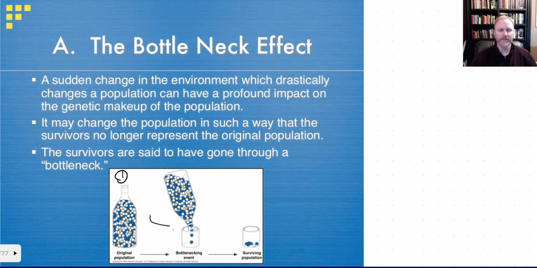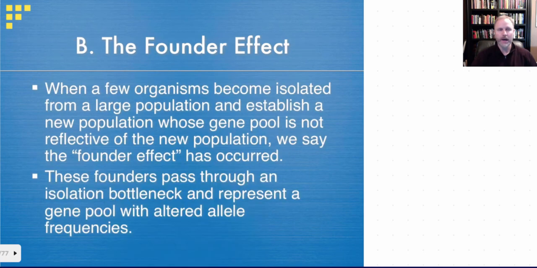But when you have this event taking place, here's this so-called bottleneck where these individuals are passing through. If we look at the population after it passes through the bottleneck, you can see there's a large percentage of blue compared to the white, and there's no yellow at all. So we say that this population has gone through a bottleneck, and now the survivors in 2 don't reflect that original population. Okay.